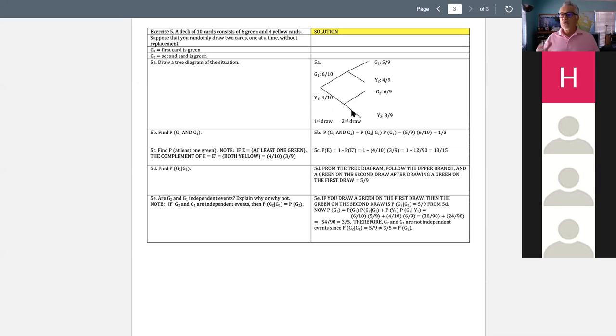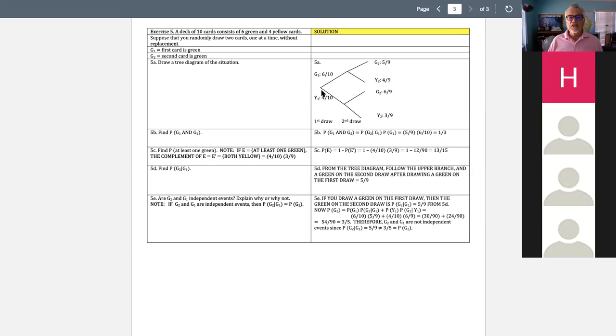And then we know that the probability of A prime is 1 minus the probability of A. Remember, either A or its complement must happen, so the sum of their probabilities is 1. Again, that fact is given to you in your textbook. So let's define the complement, which is that they're both yellow, and then we'll calculate the probability that they're both yellow, subtract that from 1, and that'll give us the probability of at least 1 green.